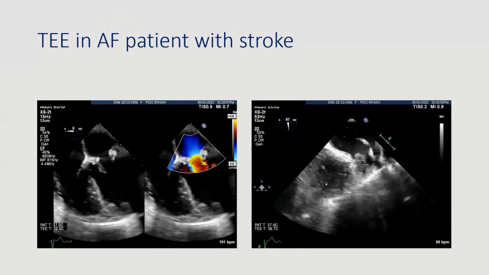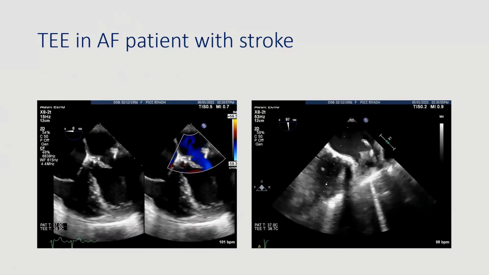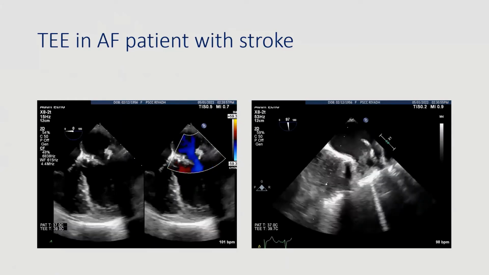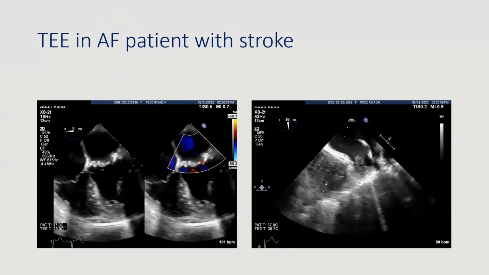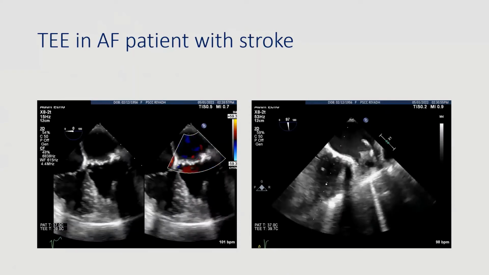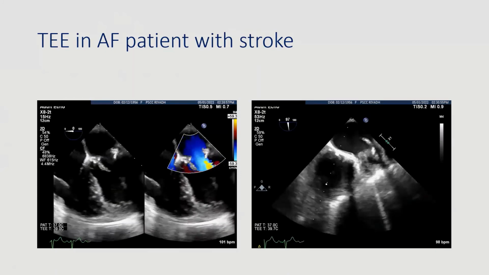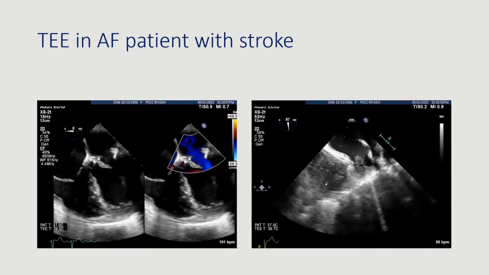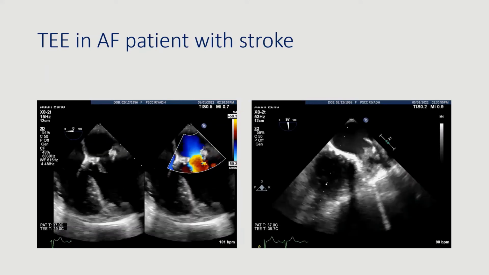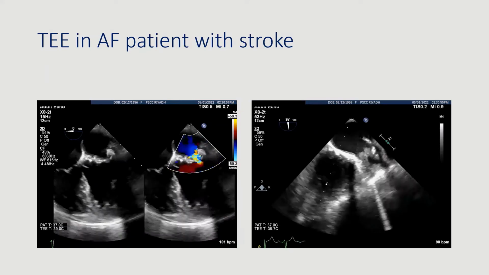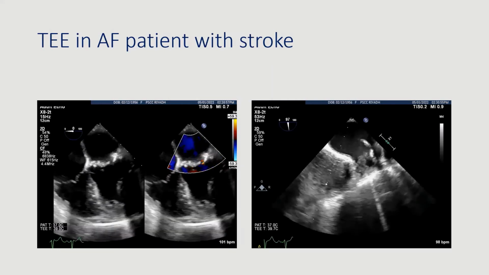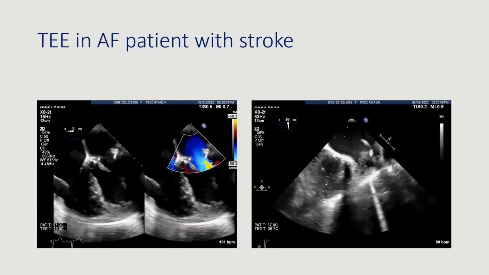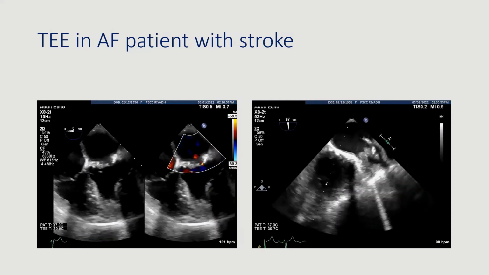So if they give anticoagulation, there might be hemorrhagic transformation. So they need to know exactly the risk and benefit ratio between giving anticoagulation or holding it. If there is an LA appendage thrombus already there, that tilts the balance towards giving anticoagulation regardless of the hemorrhagic risk. But if the LA appendage is clean, they say we may do without anticoagulation, at least for a while. I'm not sure about this, but that's the kind of deliberation we have with them daily.